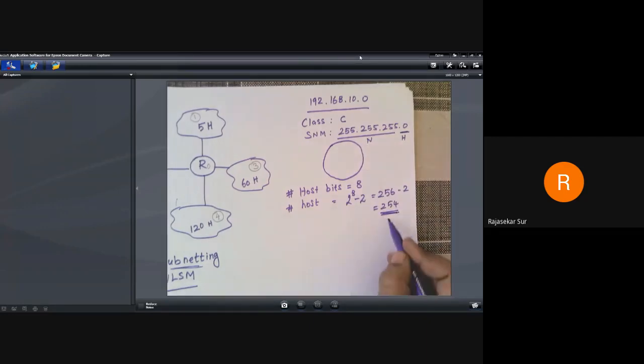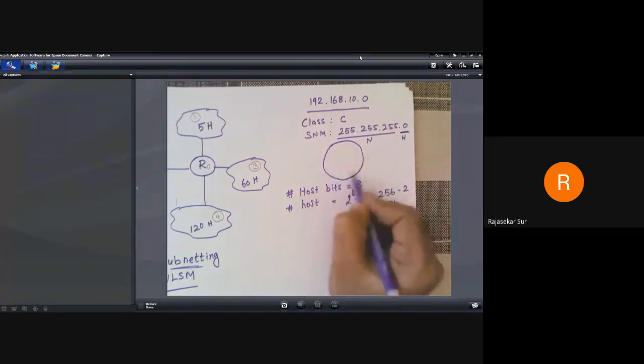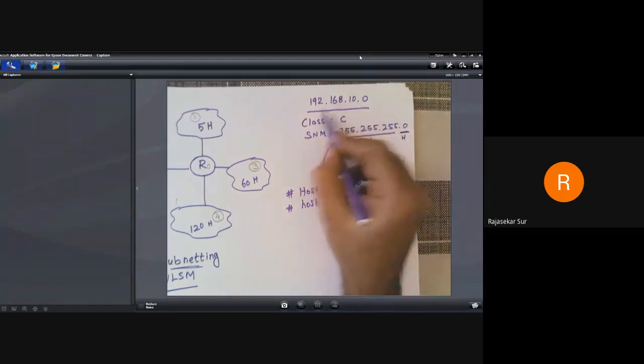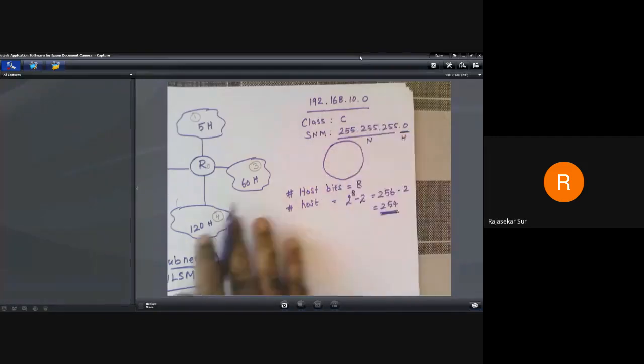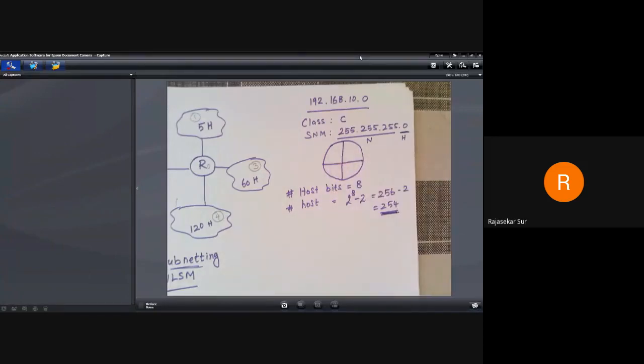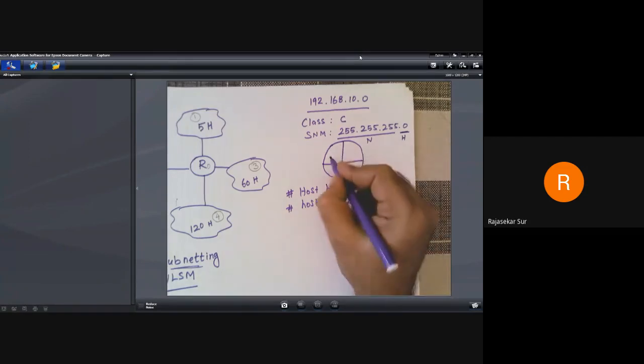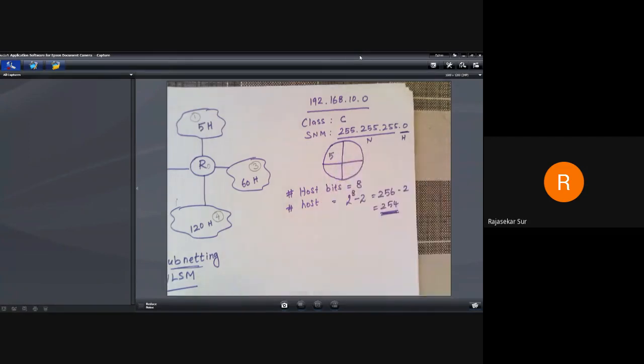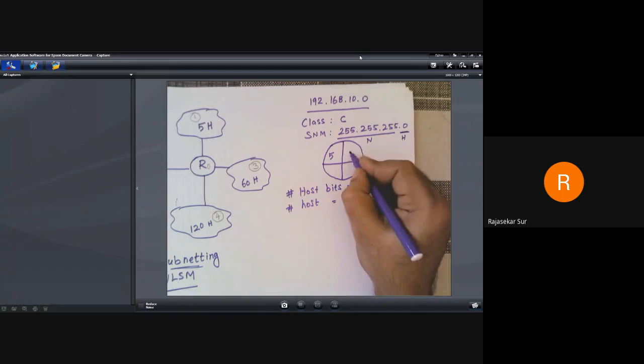But now what I'm going to do is divide this 254 into 4 networks. So this is one network, but now I'm going to divide this into 4 pieces. If I divide this into 4 pieces, that is called subnetting. So in the first network, I'm going to take 5 hosts. For the second, I need 60.